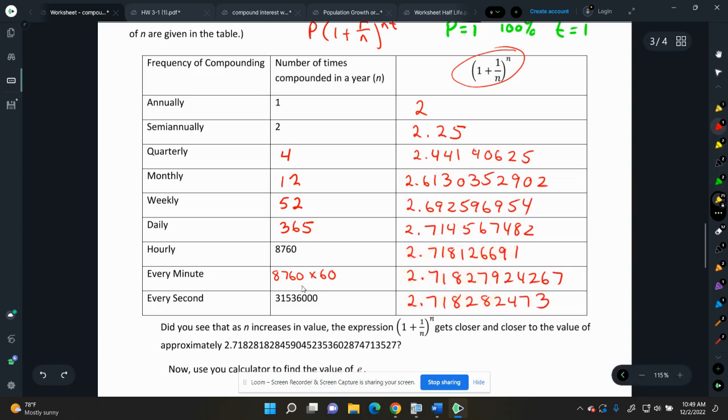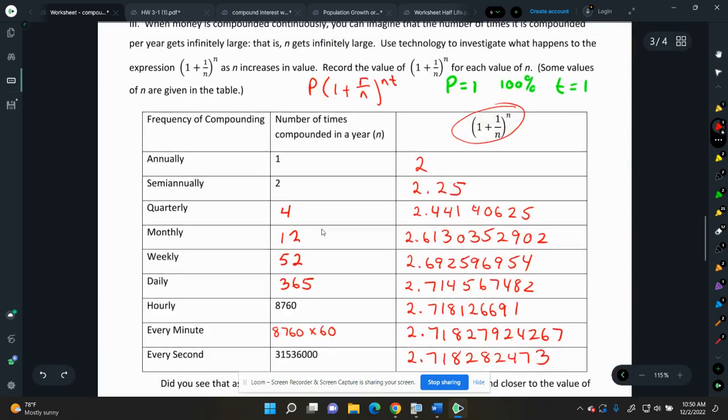If we were to plot these numbers, right? If we were to plot this on a chart, where the x-axis was n and the y-axis was the 1 plus 1 over n to the power of n, right?